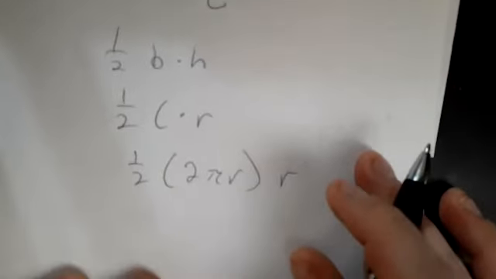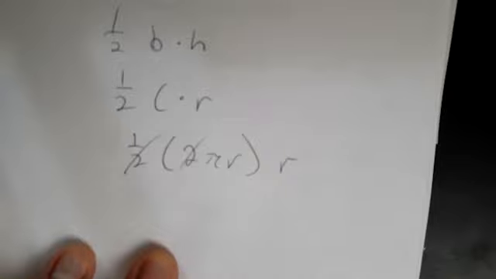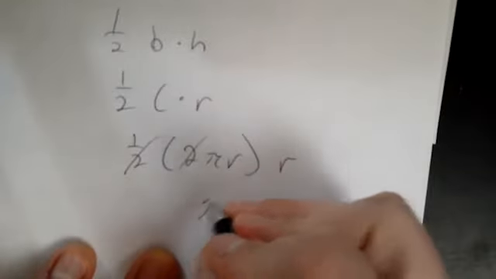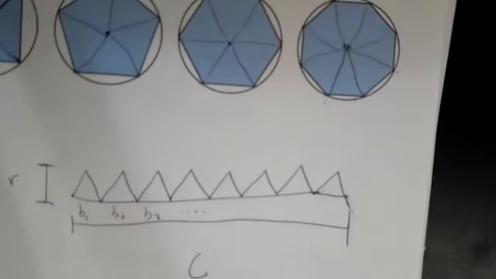And I'm getting closer, but 1/2 times 2, that's going to simplify to 1. And now this just gives me the pi r squared. And so if you know how to find the area of a triangle, and you know how to throw triangles into a circle, you can actually find the area of a circle.